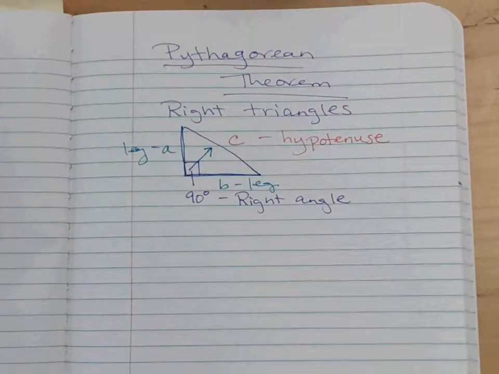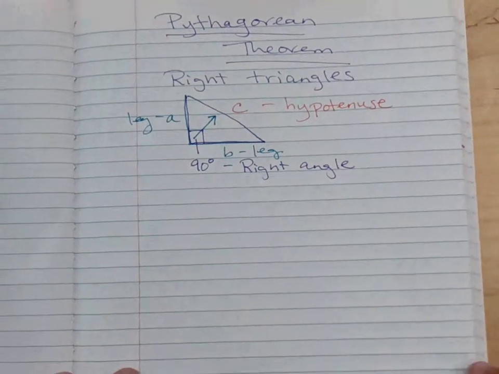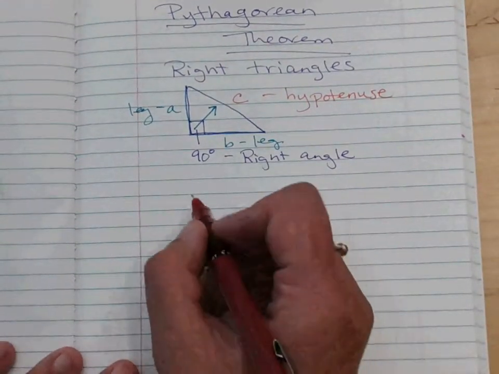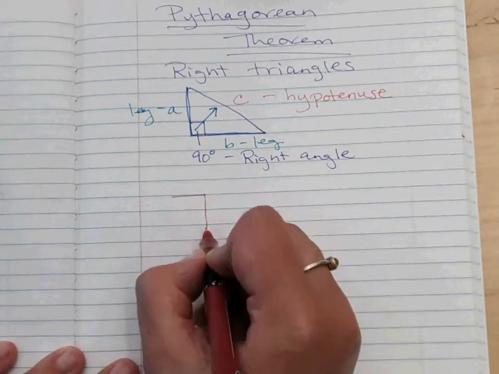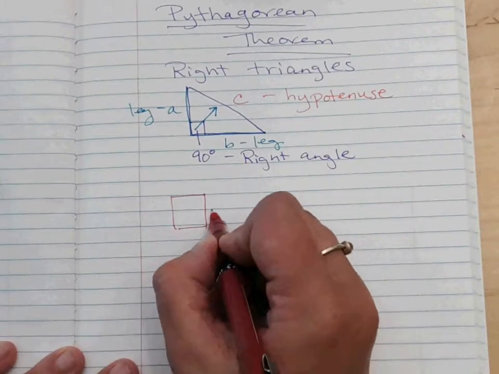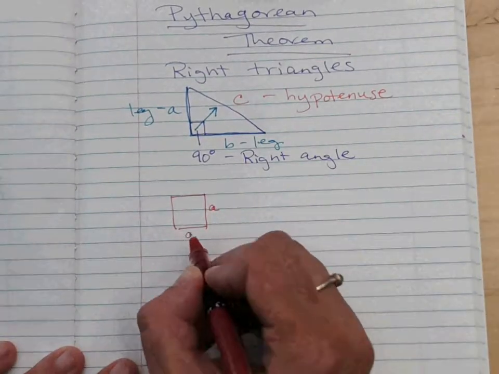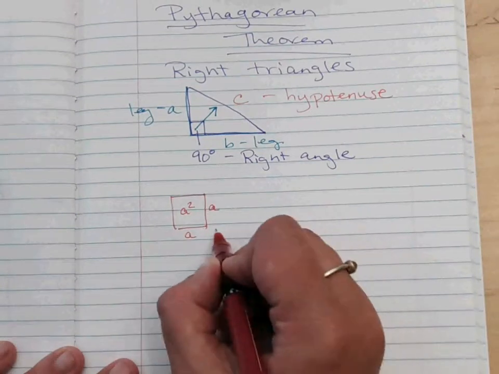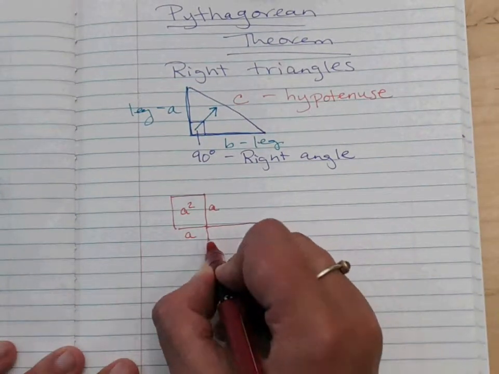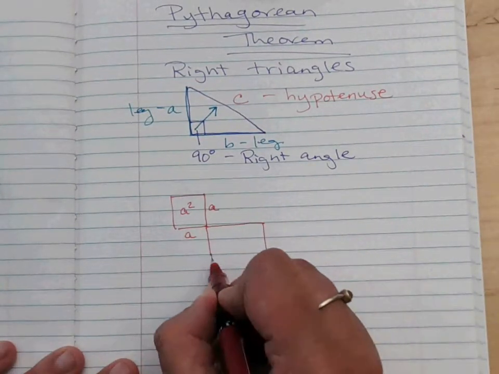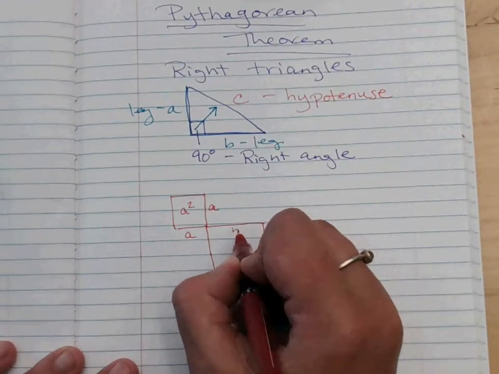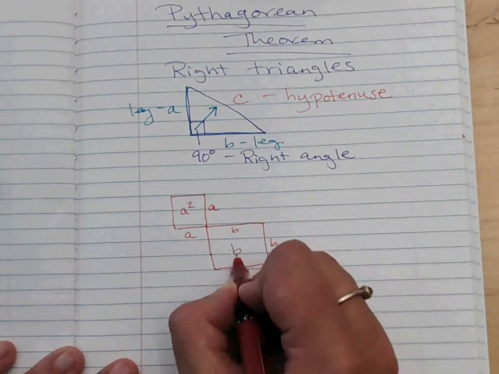Now, Pythagoras was a famous Greek mathematician, and he discovered this theorem, that's why it's named after him, that if he were to take a square, A times A would be A squared. And if he took the square of B, B times B is B squared.